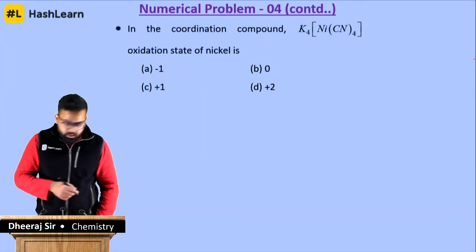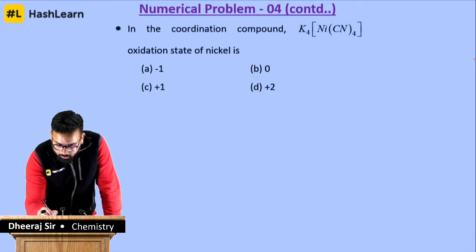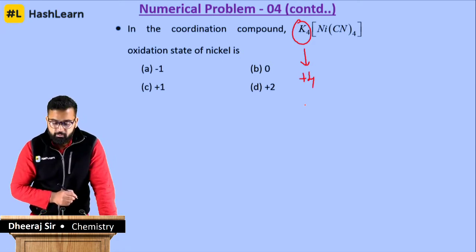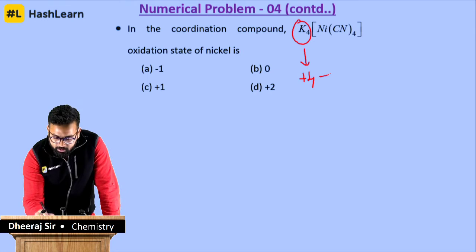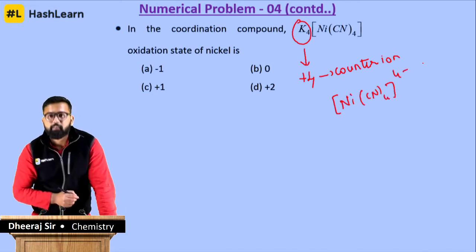Guys, it is pretty straightforward. You shouldn't fumble here. Look at it. If I have K4, the charge on each potassium is +1, which means the charge on 4 potassium is +4. Why is this given? This is the counter ion, which means that the charge on [Ni(CN)4] is 4 minus.